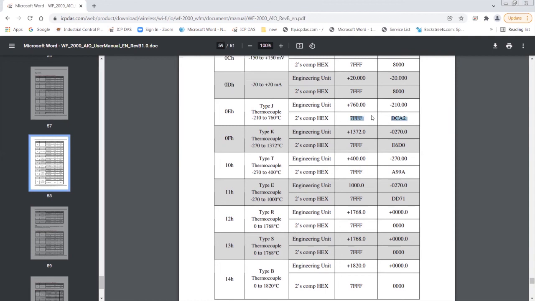Theoretically you get better resolution when using hex, but the scaling will need to be taken into account. Engineering units will give you the true value with some decimal points, but you need to add them in when using Modbus. For instance, it'll give you negative 21,000 when it's negative 210 degrees, so you get 2 decimal points of resolution. Did that answer your question?